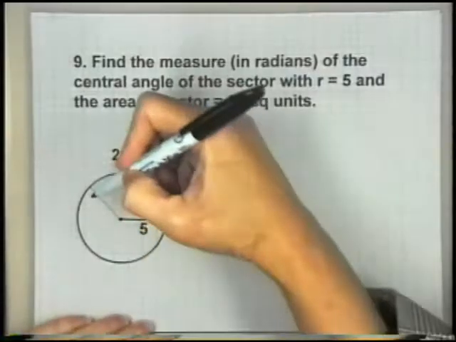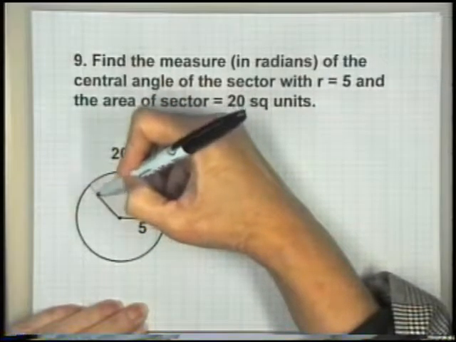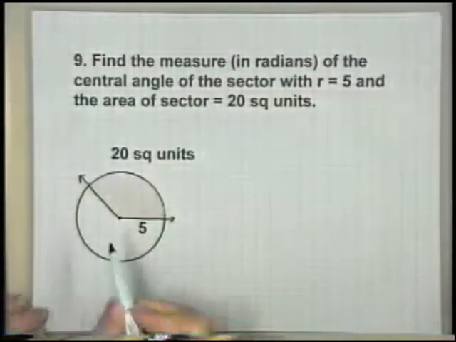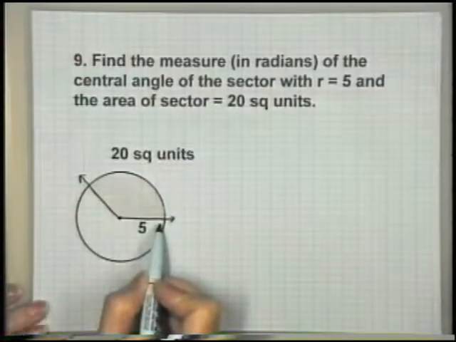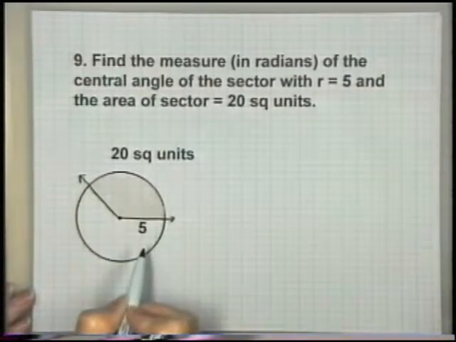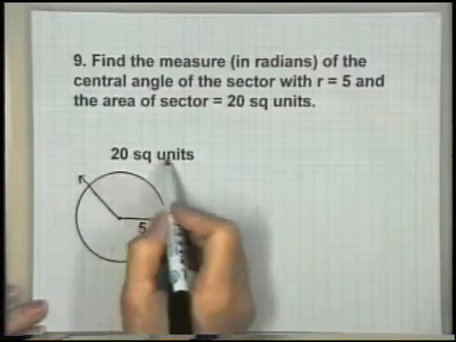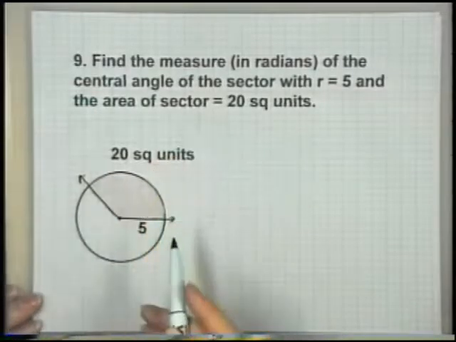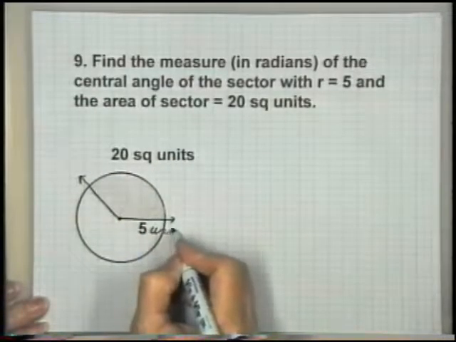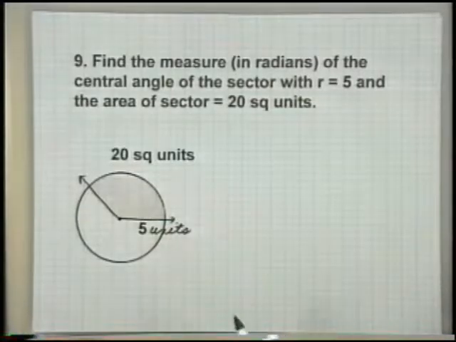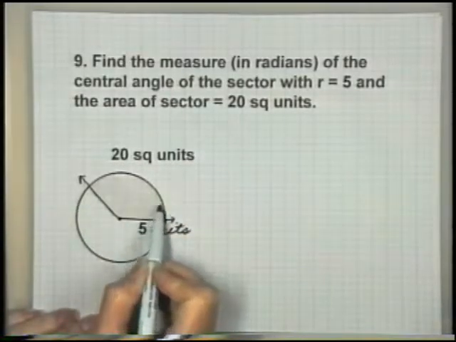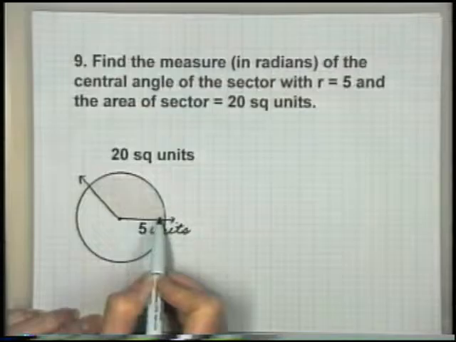And so here I've got a circle, and the radius is measured, it's 5, and it doesn't say what units, and since it just says units here, we'll call it 5 units. And here's your sector.